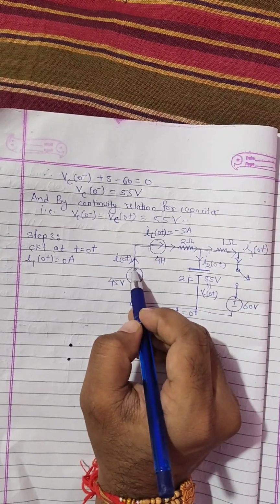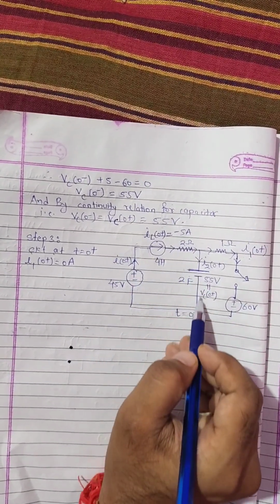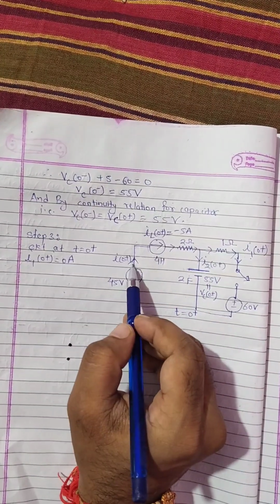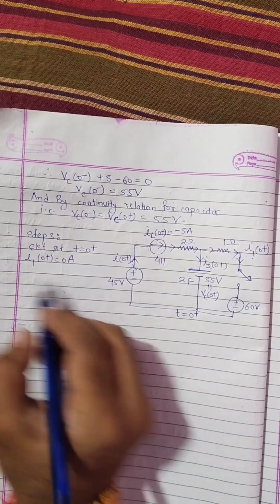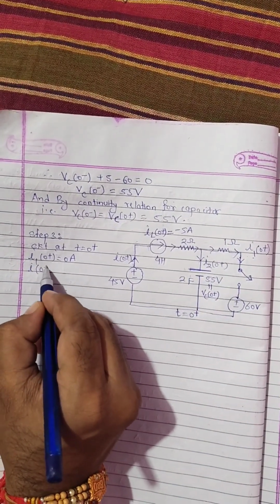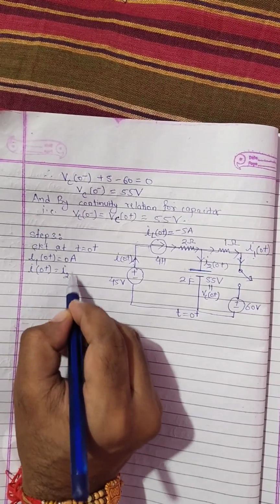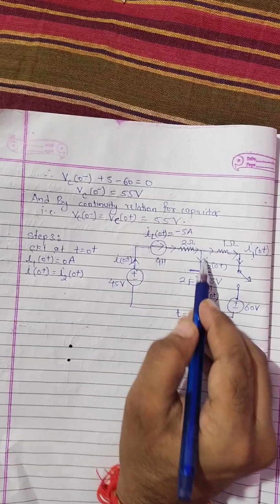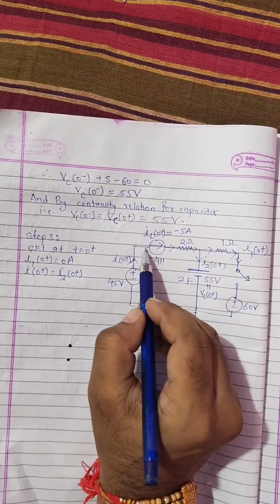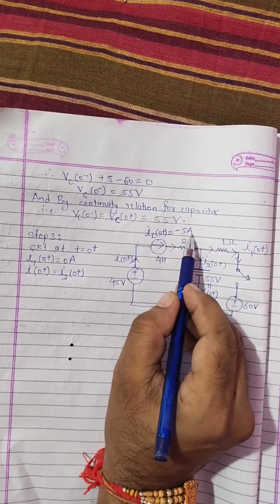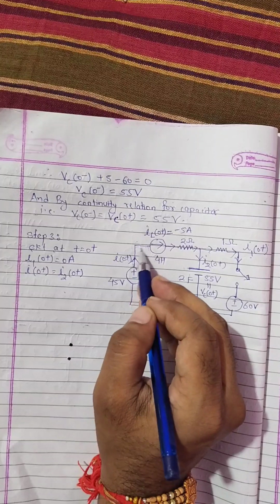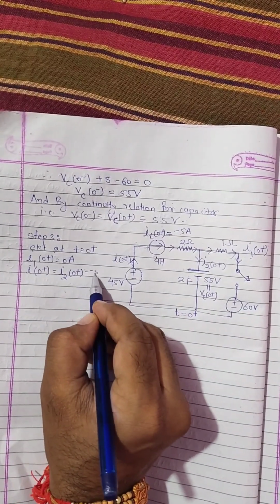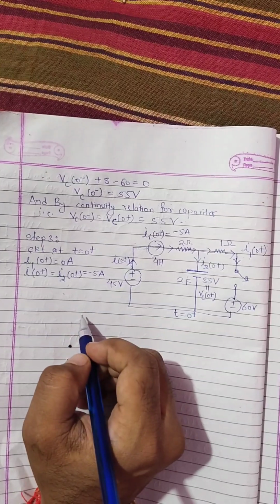So the total current I0 plus will totally flow in this branch, so I0 plus equals I20 plus. And if we analyze this closed path, there is a flow of minus 5 ampere in this branch. So we can say that I0 plus equals minus 5 ampere.